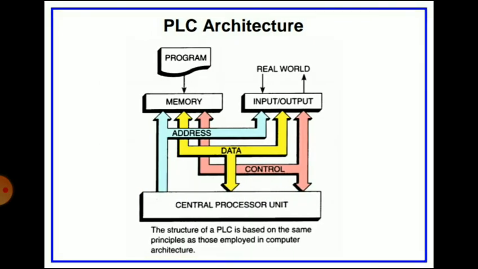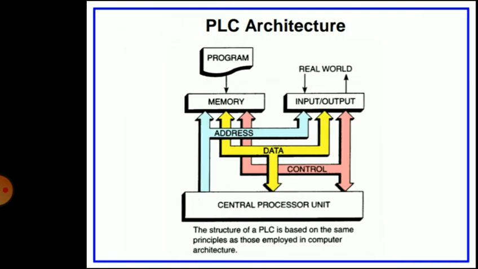So you can see here the different address buses, data buses and control buses. Buses are the internal paths along which signals flow. Then input output module and the central processing unit. So this is the structure or architecture of the PLC.